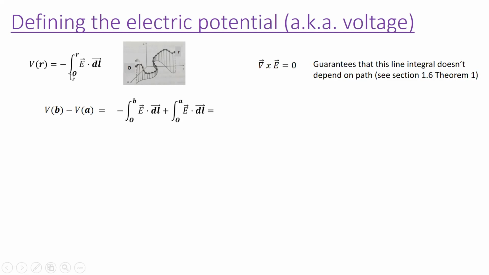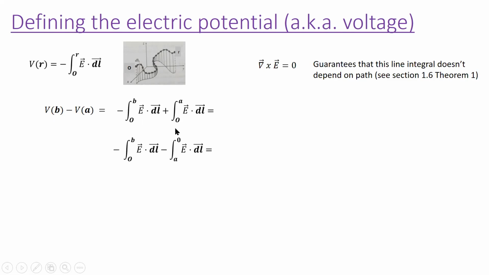So we can apply this definition here. If we plug in B for R, and plug in A over here, V at point B is just minus the line integral from O to B of E dot dl, just like the definition. And since there's a minus sign here, we have plus the integral from O to A of E dot dl.